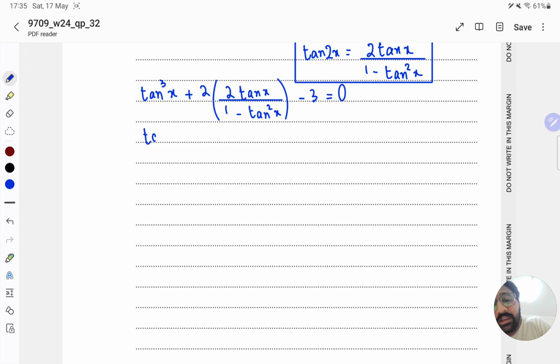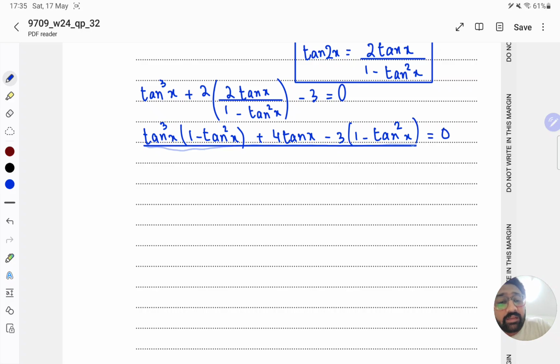It will be tan cube x into (1 minus tan square x) plus 4 tan x minus 3 times (1 minus tan square x) equal to 0, and the LCM was 1 minus tan square x.